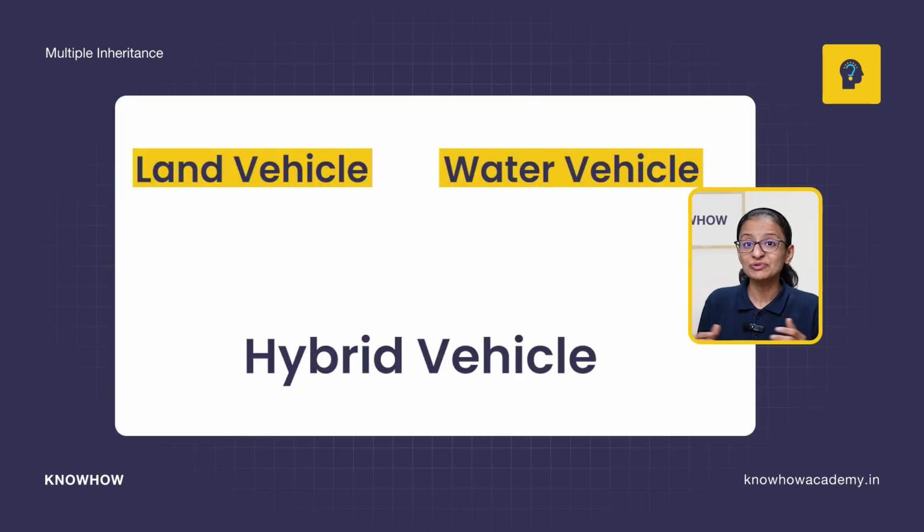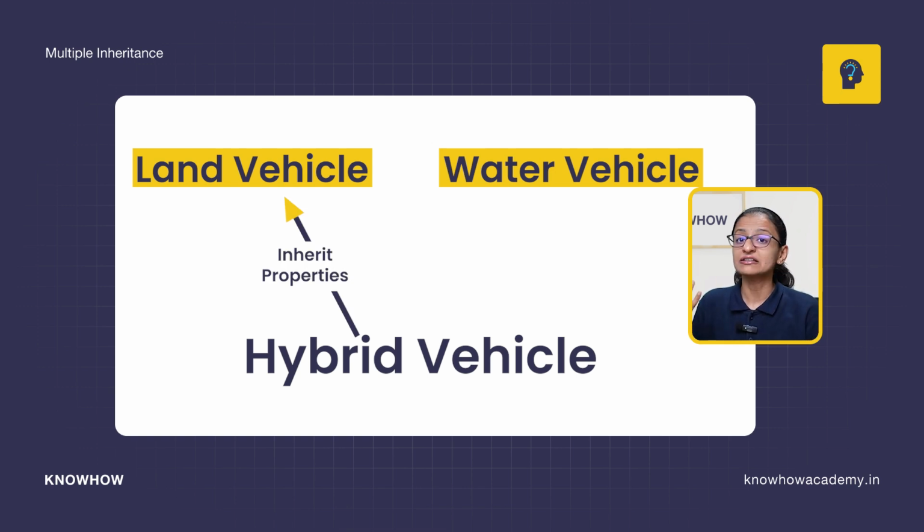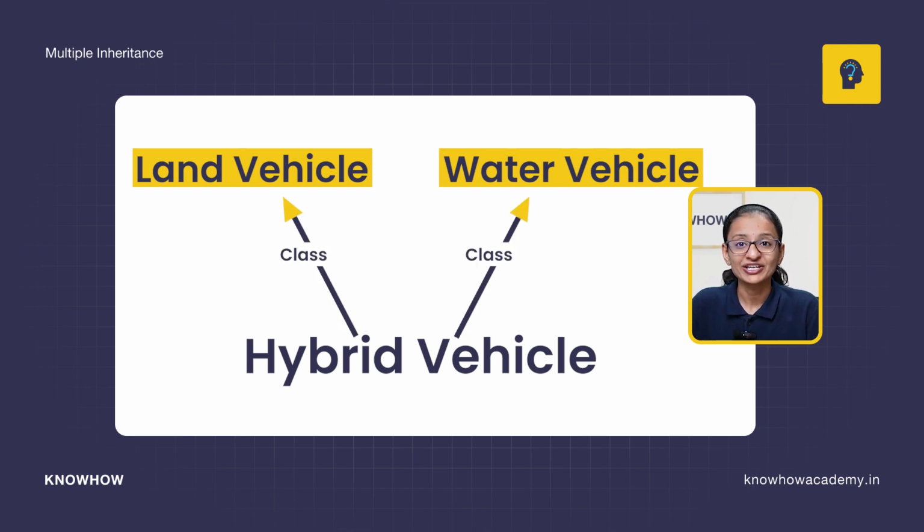So to build a hybrid vehicle, you will inherit some of the properties from the land vehicle type, and some of the properties of the water vehicle type. So a hybrid vehicle can be developed which inherits properties from two classes. First, a land vehicle, and the second, a water type vehicle.